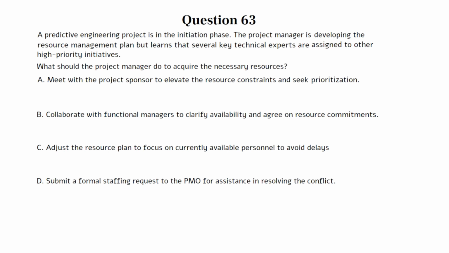B. Collaborate with functional managers to clarify availability and agree on resource commitments. C. Adjust the resource plan to focus on currently available personnel to avoid delays. D. Submit a formal staffing request to the PMO for assistance in resolving the conflict. You can pause the video here if you need more time to work on the question.